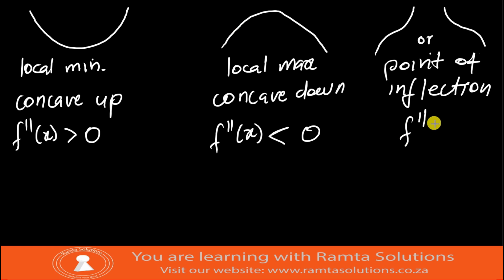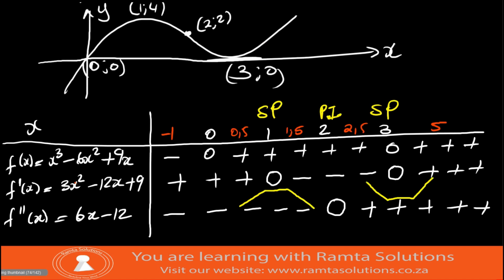At point of inflection, second derivative is equal to 0. Okay, remember, at point of inflection, second derivative is equal to 0. Okay, so this is the summary that we get from this investigation.